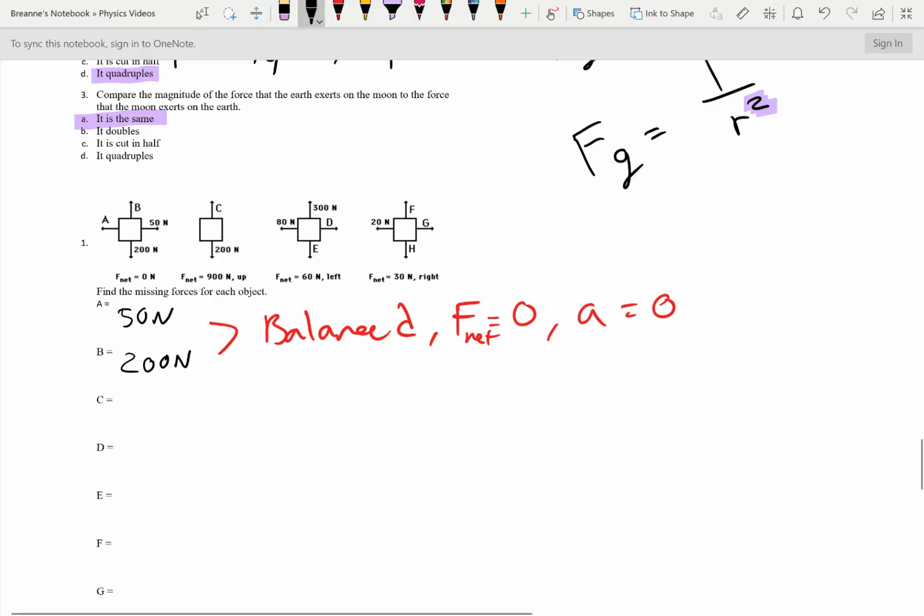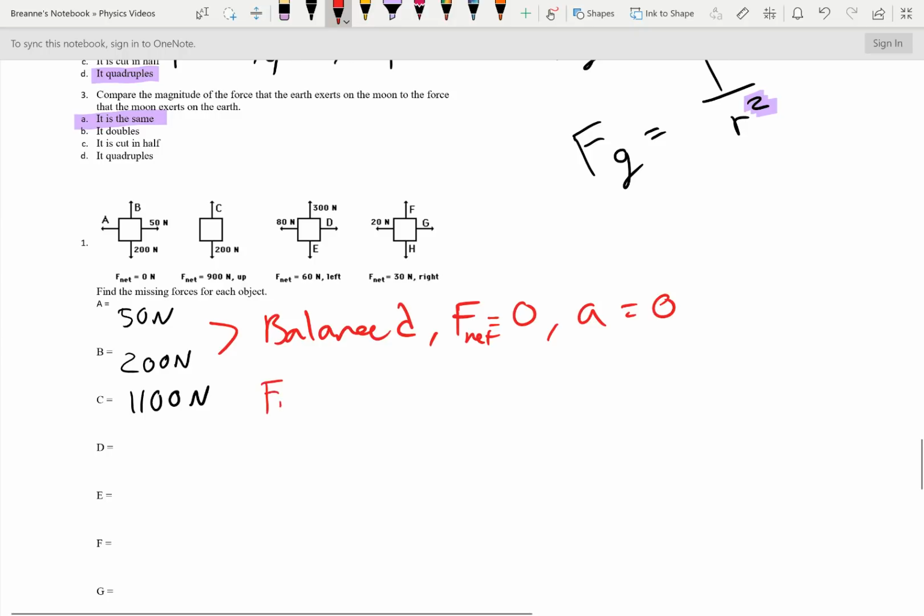So for C, the net force says it's 900 newtons up. So that means C has got to be bigger than the 200, because if you subtract them, you have to think about what subtracts to get 900. You can't just add them together. So you end up getting 1100 newtons going up.